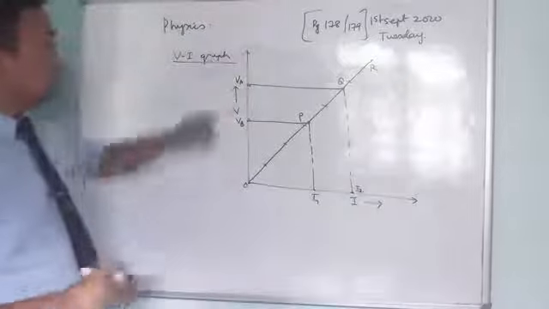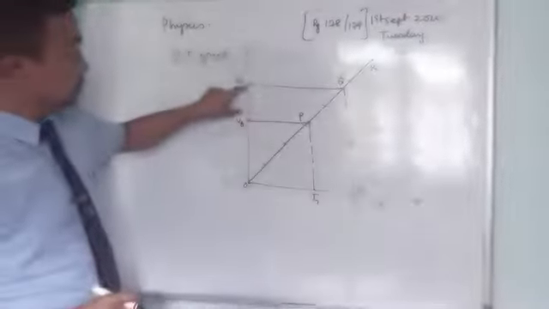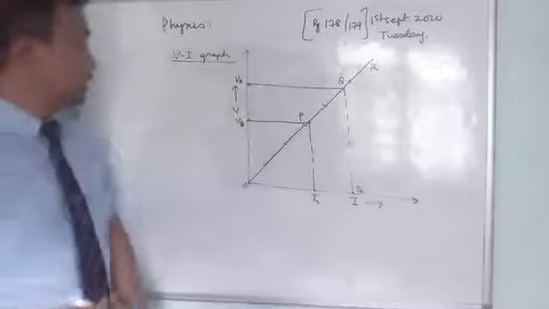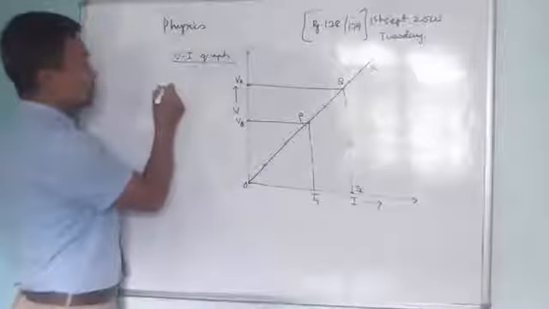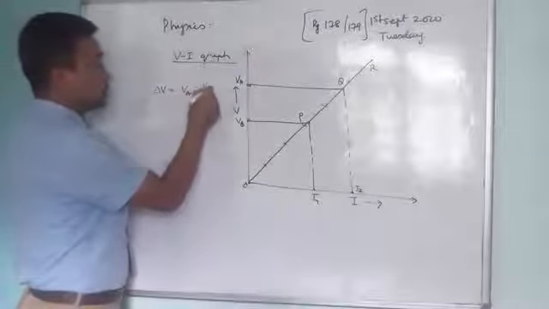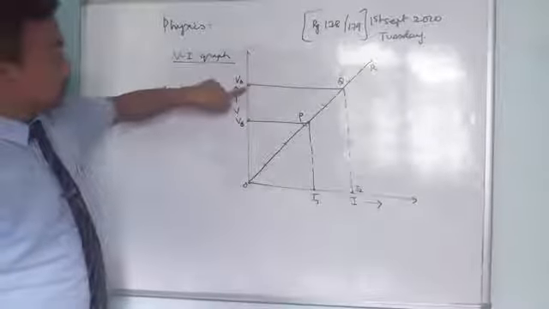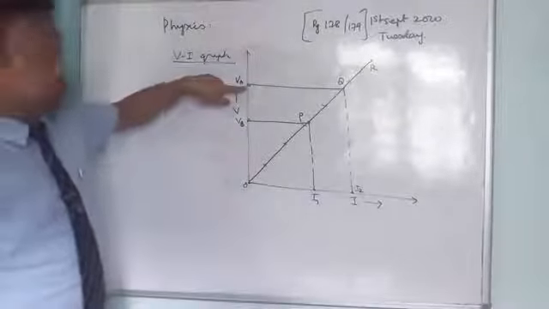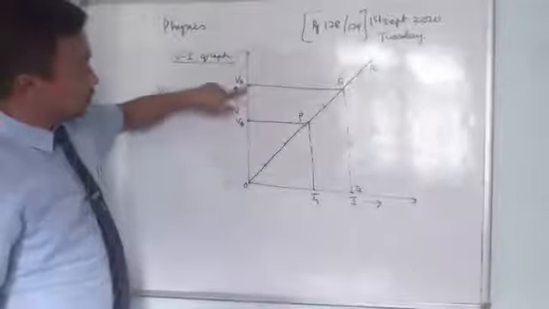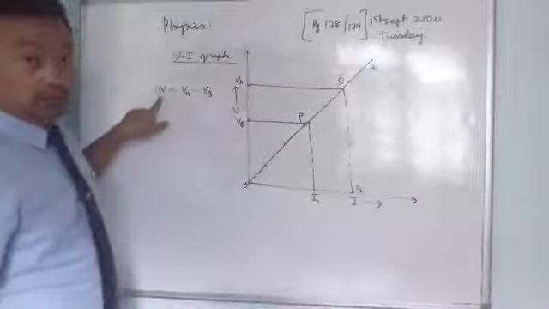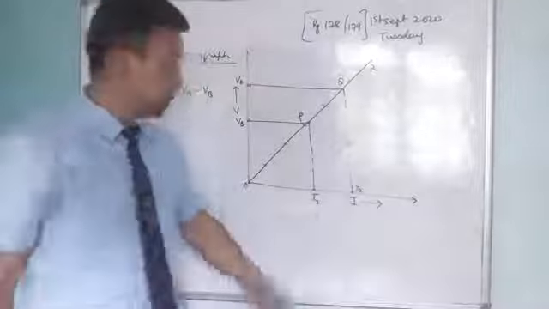Now you will find that there is a difference in the readings. This is called the change, or delta. Suppose delta V is VA minus VB; obviously VA will be more than VB. So this minus this reading will give you delta V. Delta is a change in the value.